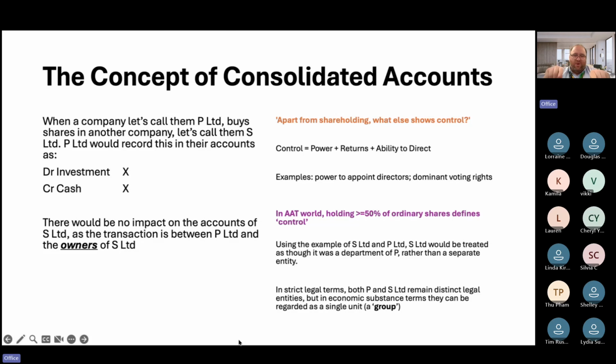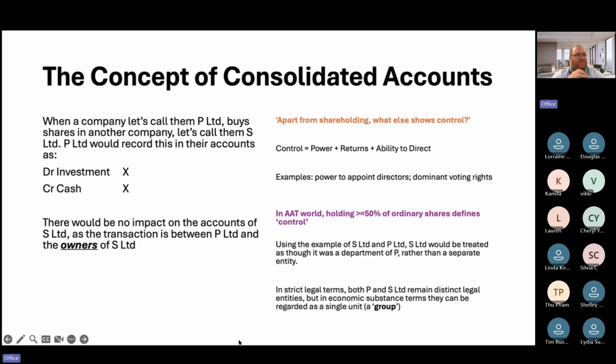So using our example of S Limited and P Limited, remember P Limited has bought some shares in S Limited. So S Limited would be treated as if it was a separate department of P Limited rather than a completely separate entity. So that's the idea of consolidated accounts. You're almost going to consolidate the two things together, and S Limited is just treated as if it's a department existing within P Limited.